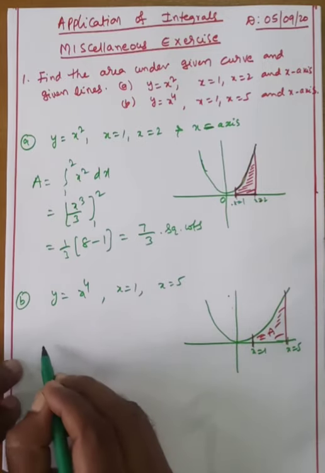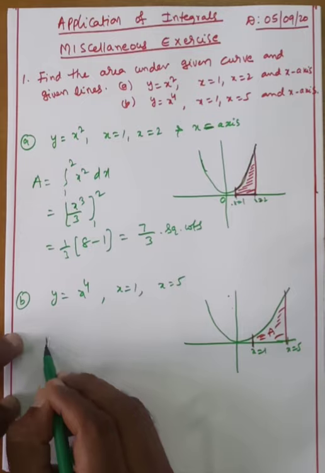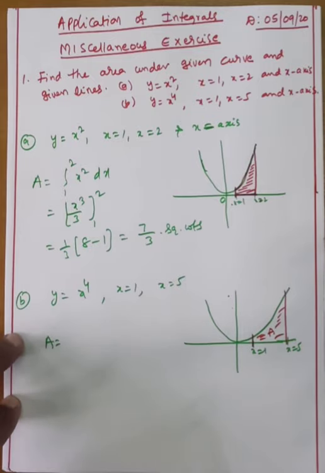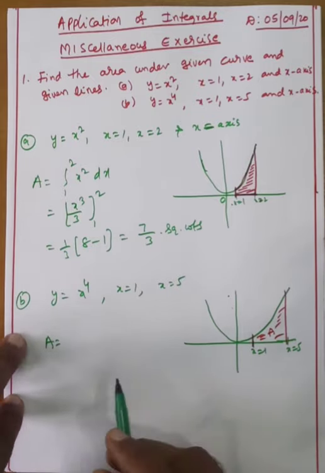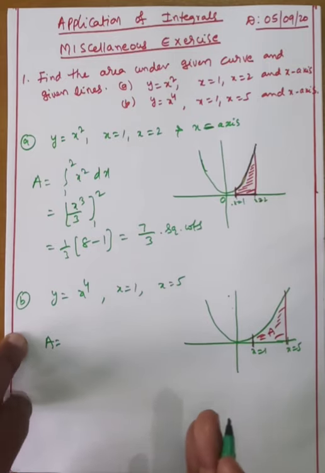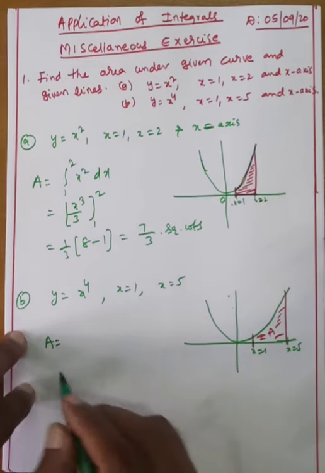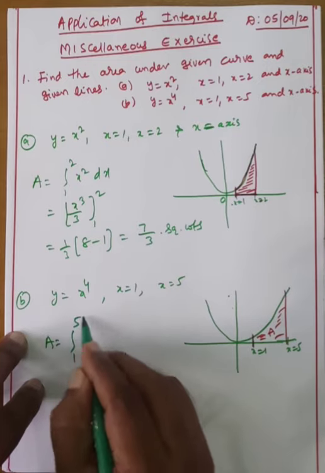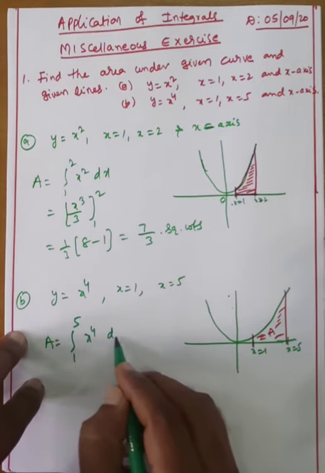Okay. No need of the points of intersection. Already we clearly observe that the limits are 1 to 5. Area is equal to the integral from 1 to 5 of x power 4 dx. Okay, my dear students.